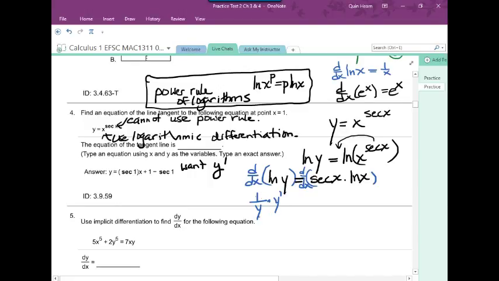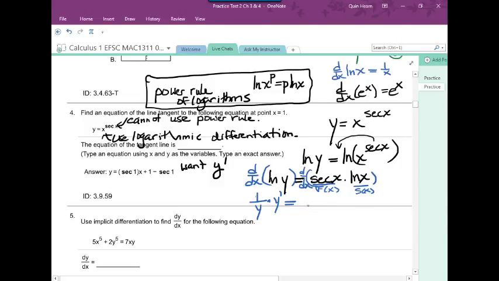So you get 1 over y times y prime equals, and then over here we have a product of two things with an x. So there's a first function and a second function. Once again, we have a capital F of x and a capital S of x.